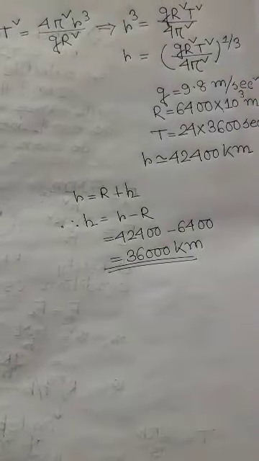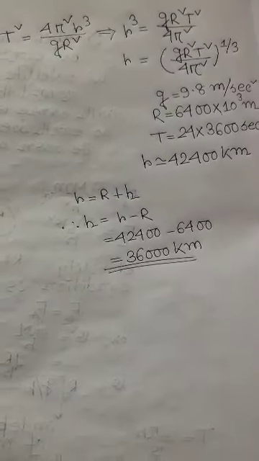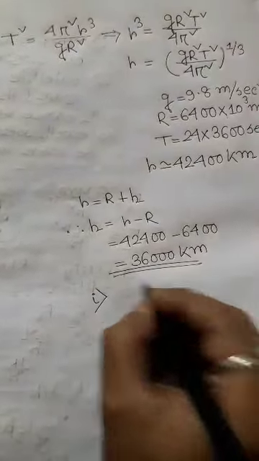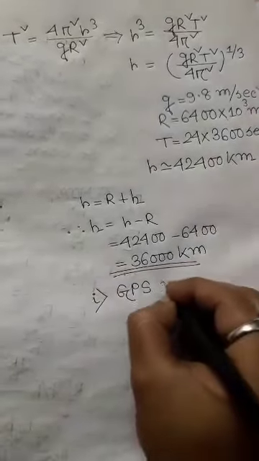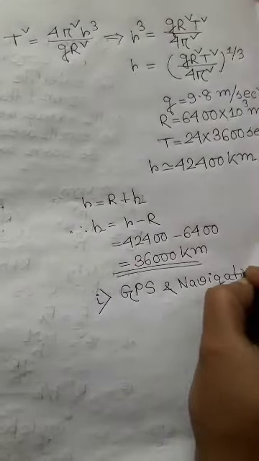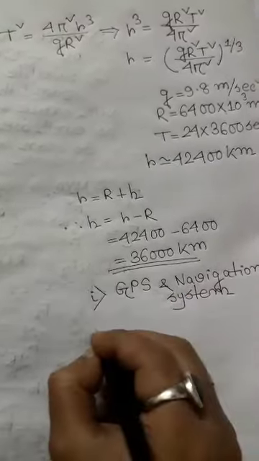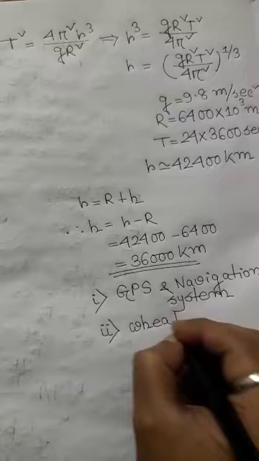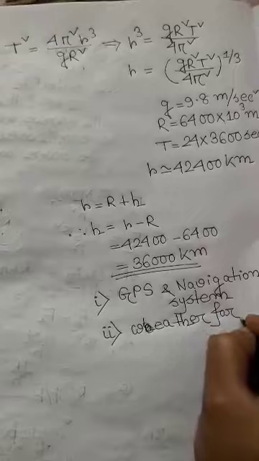Now one question: what are the uses of geostationary satellites, or what are the uses of satellites? What are the common uses? We all know. First of all, these satellites are used in GPS, that is global positioning system, and in navigation systems. This is one of the common uses. Another use is in weather forecasting.